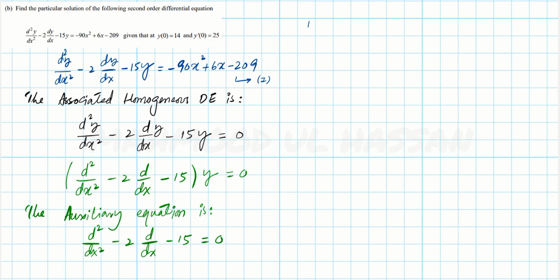Let me denote m equals d over dx, so m squared becomes d squared over dx squared. Putting back into the auxiliary equation, it becomes m squared minus 2m minus 15 equals 0.